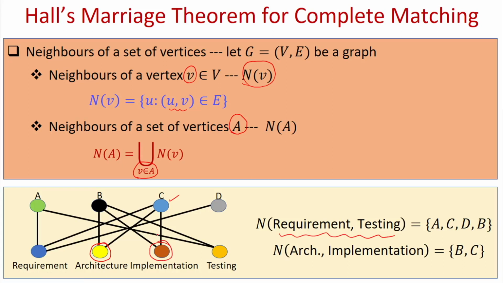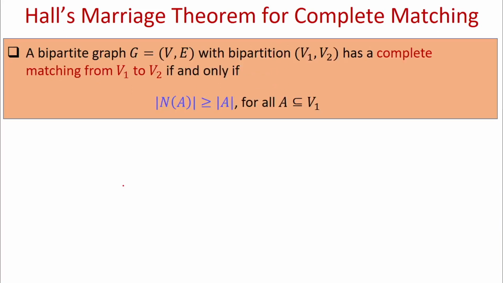is B. Okay. So what exactly is the necessary and sufficient condition given by Hall's Marriage theorem for a complete matching? The statement is the following. If you are given a bipartite graph where V1, V2 is the bipartition, then for a complete matching from V1 to V2, you need the following necessary and sufficient condition.